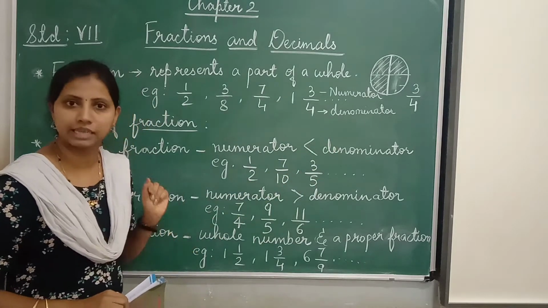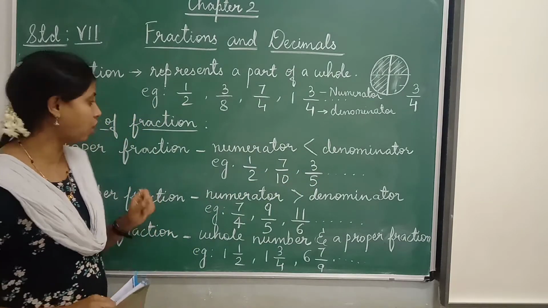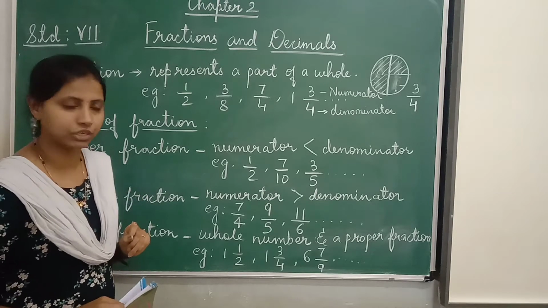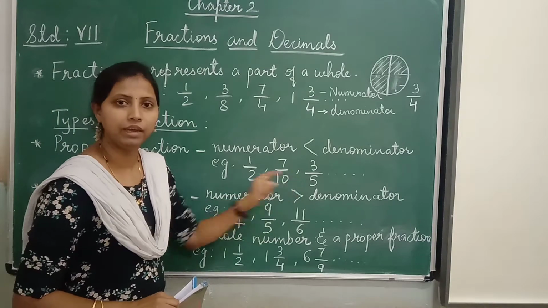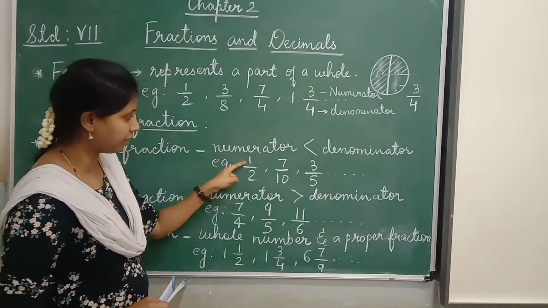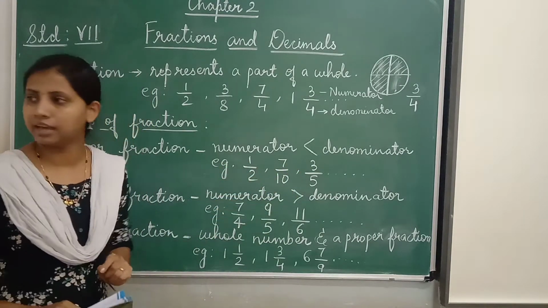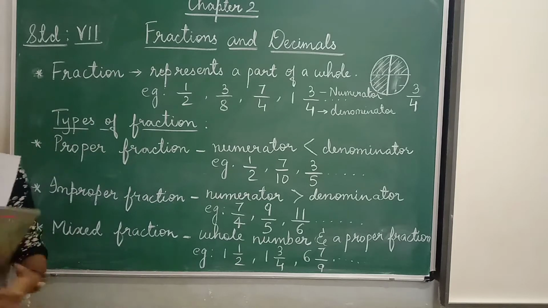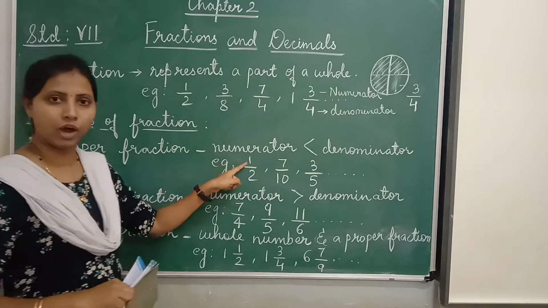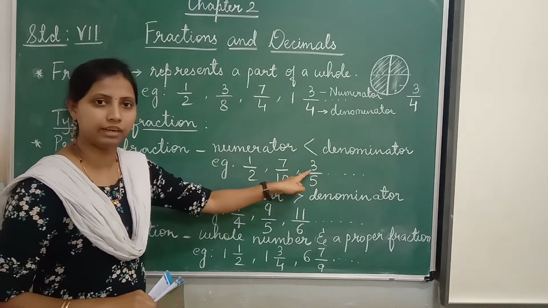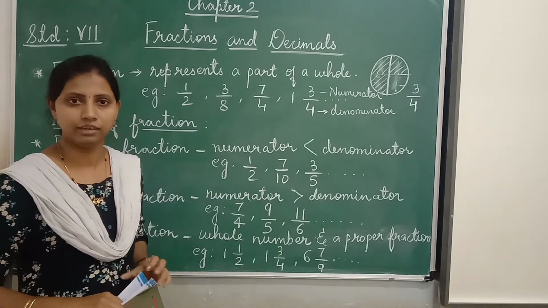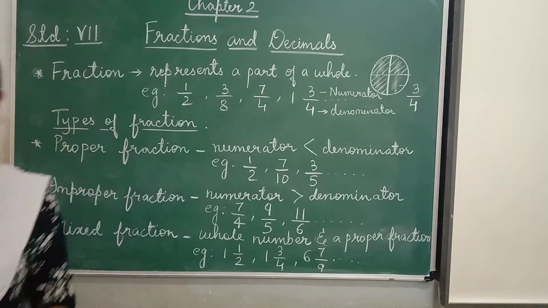Example 1 by 2, 7 by 10, 3 by 5. You can see everywhere the numerator is less than the denominator. 1 is less than the denominator, 7 is less, 3 is also less than the denominator. Okay.